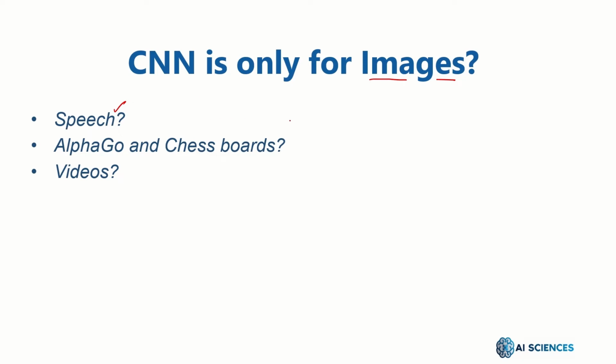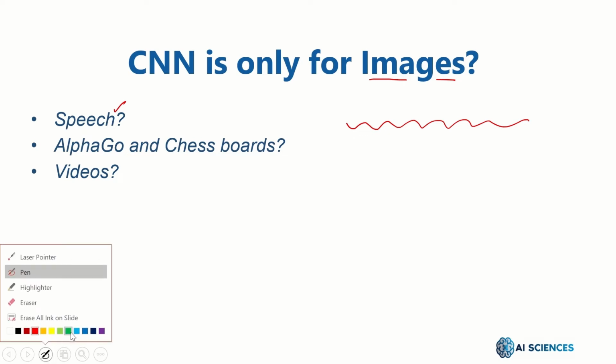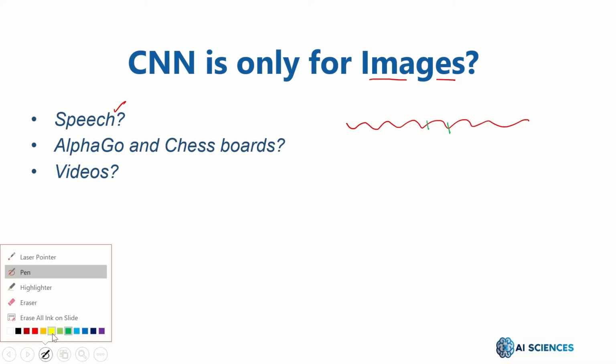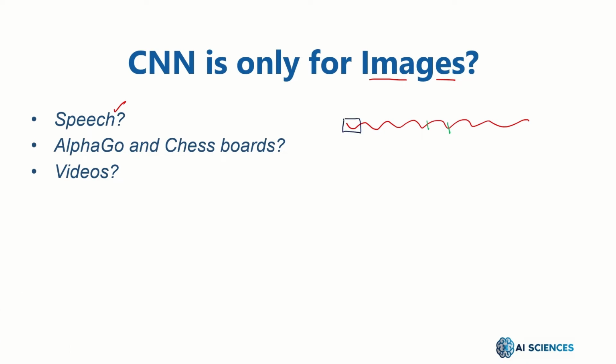So for example, think about a speech signal as a 1D signal, and somewhere in here, we want a fixed length word to be detected. In that case, we may have a convolutional net that scans this audio signal in convolution form, and finally detects where that particular word lies in the signal.